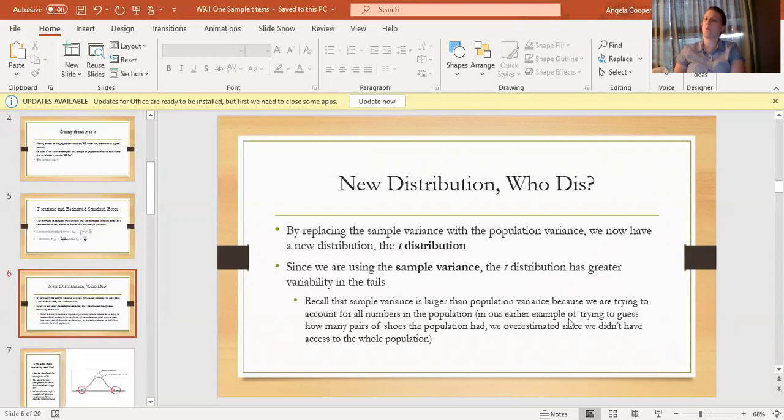Okay, so with us having a new test, a one sample t-test, we have a new distribution. Before we used the z distribution, which was the standard normal distribution where the mean is equal to 0 and the standard deviation is 1, and a z-score of +1 meant that you were 1 standard deviation above the mean.